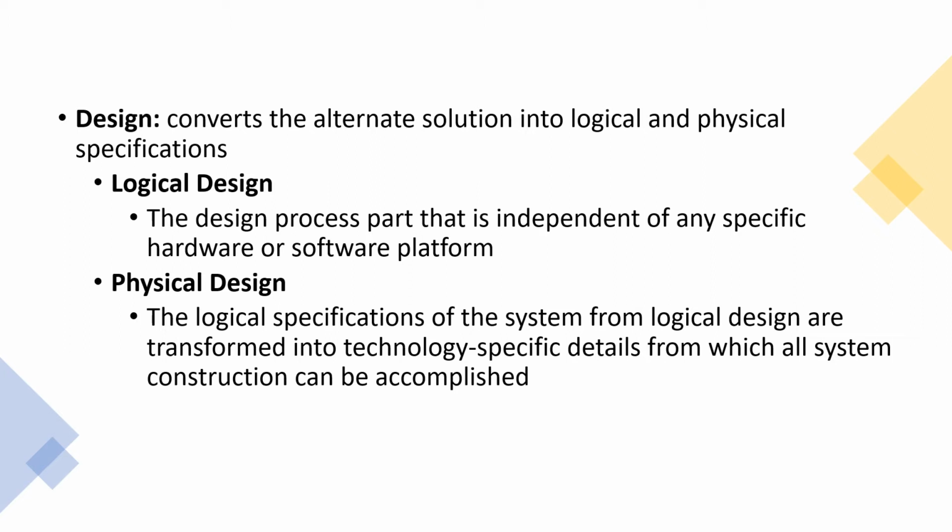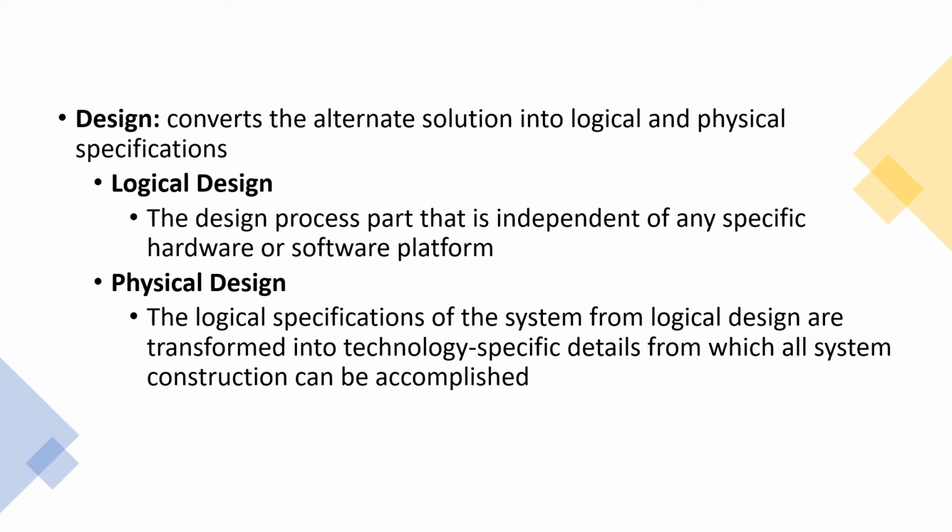The next stage we call design. After the analysis stage, the requirements are converted into alternate solutions, into logical and physical specifications. The logical design, or logical specification, is independent of any specific hardware or software platform.